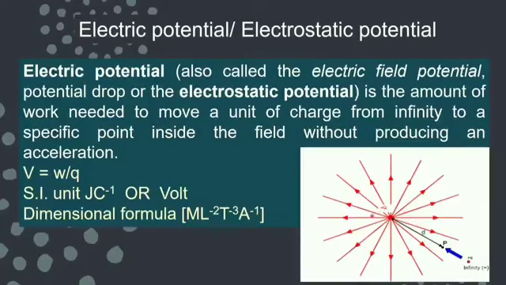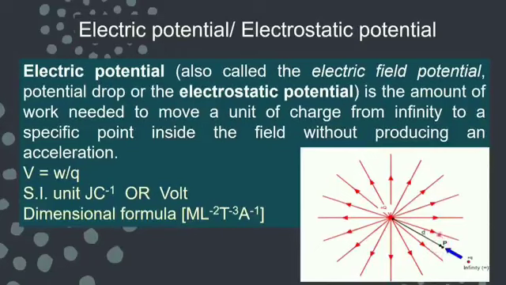Just this depiction is more clear, I think, that whenever I want to bring some charge, instead of bringing from Q to P, I am bringing the charge from infinity to a particular point P. Then whatever work is done, that work done is named as electrostatic potential at that point. But you have to take care of two things here.